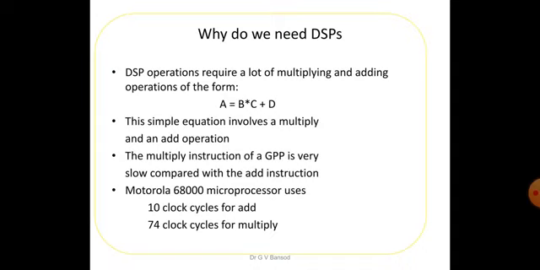For example, A = B × C + D. If we execute this in a processor like the Motorola 68000, it requires around 10 clock cycles for addition and 74 clock cycles for multiplication. Whereas my DSP processor can execute this in a single clock cycle.